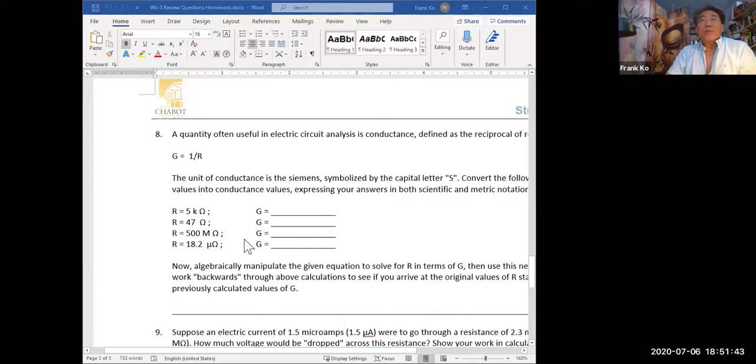Beautiful. All right, and then the next one is 500 mega ohms. So Harpreet, 500 mega ohms is the resistance. You are asked to calculate what is the conductance if the resistance is 500 mega ohms. So you key in 500 mega into your calculator and you reciprocate that.